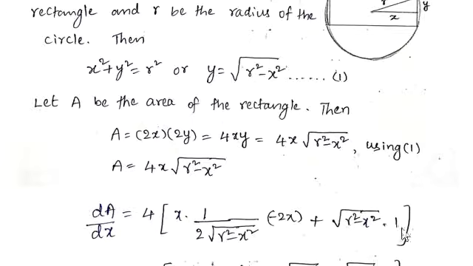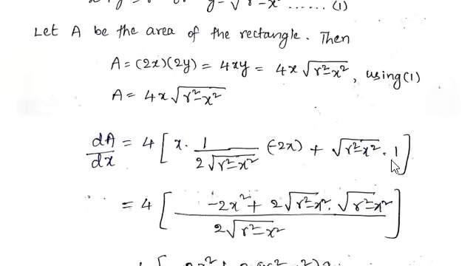The differentiation of x with respect to x is 1, and when you simplify in the next step, it is minus 2x square, and we are taking the LCM here, 2 into under root of r square minus x square. If you take the LCM, here you will get minus 2x square, plus 1 into 2 under root of r square minus x square, and once again this term under root of r square minus x square.